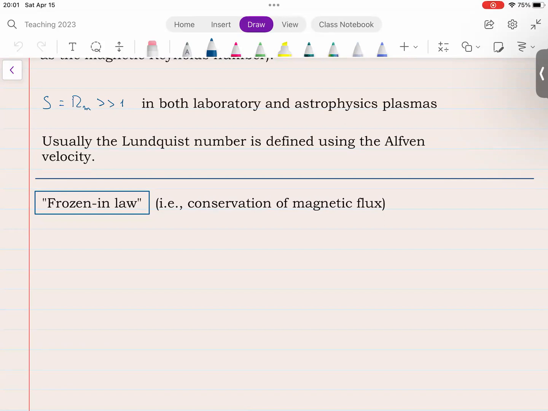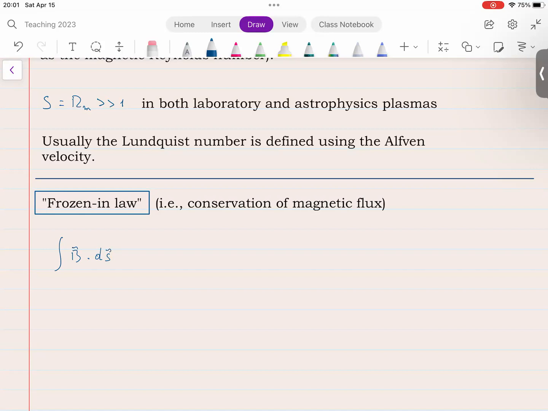I'm going to keep it brief and simple, to cut a long story short. I'm going to pick an arbitrary surface in my plasma, and I'm going to calculate the integral over that surface of B dot dS.